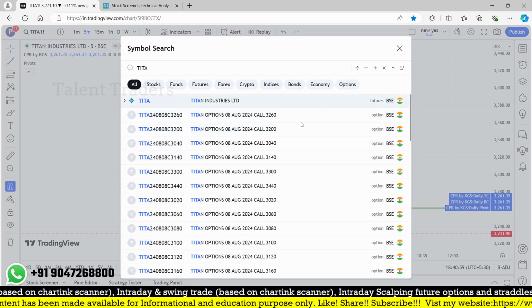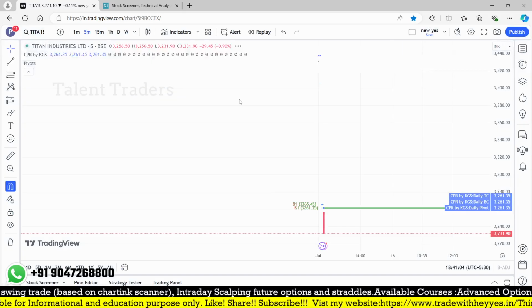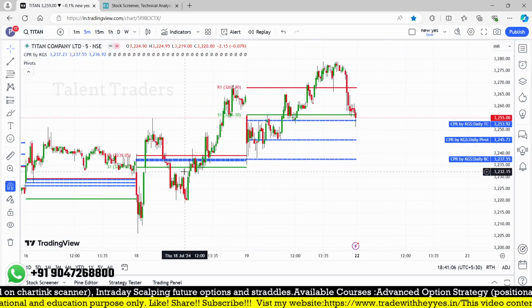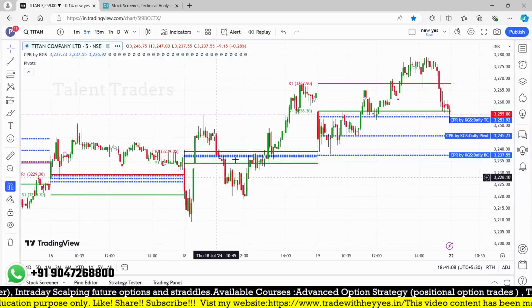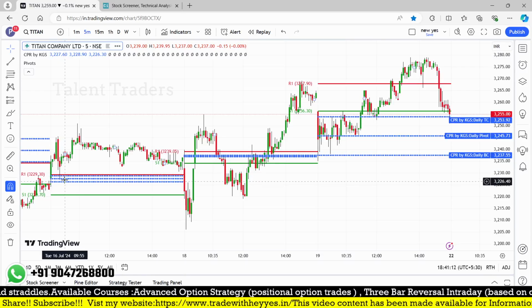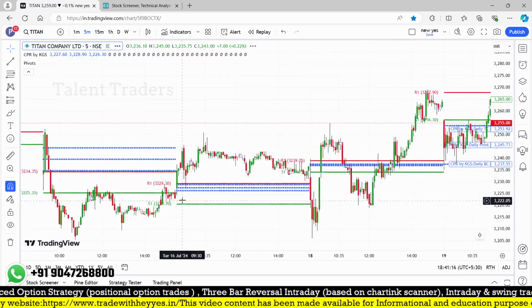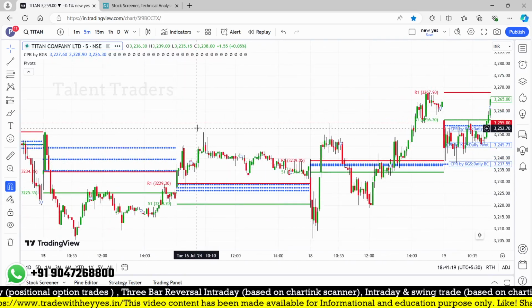That is the logic. Titan here yesterday. This time it moved two times. I'm just planning to find out, and here is one more opportunity. Inside between R1 and S1, it is giving you some opportunity, and then it is moving higher.